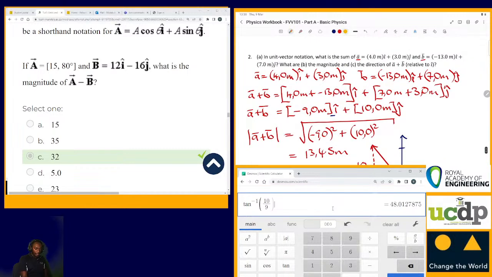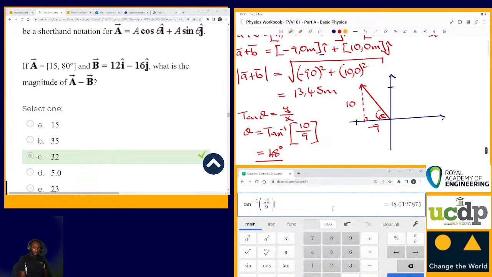But is this our answer that we need? The question says we need the direction of A plus B relative to the I direction. So we then have to move from the I direction, which is the x-axis, going to where our vector is, counterclockwise.